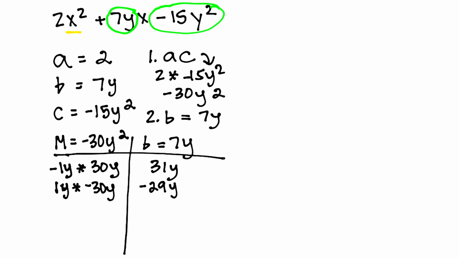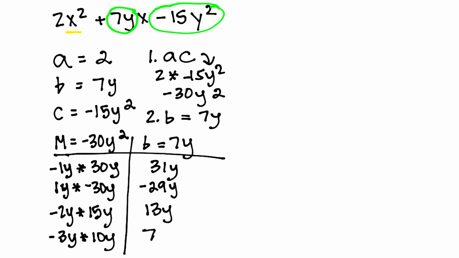And that's getting further away from what we want. So let's have the smaller factor be the negative. So let's look at negative 2y times 15y, because 2 times 15 would give us 30, and y times y would give us y squared. If we add these together, we get 13y. So let's try another one. Negative 3y times 10y. If we add these together, we get 7y. That's what we want.